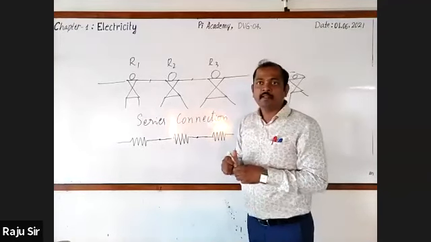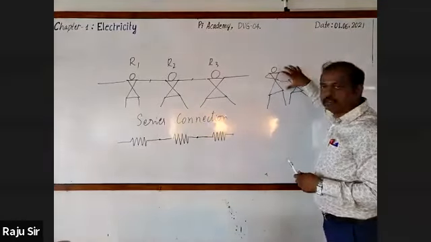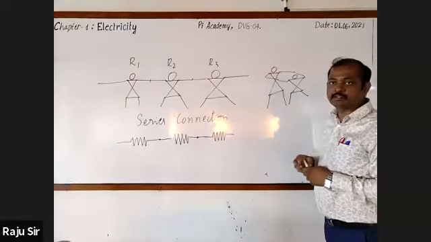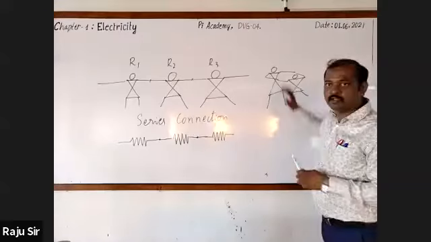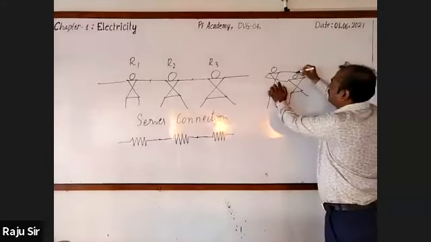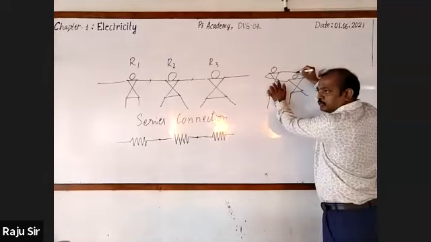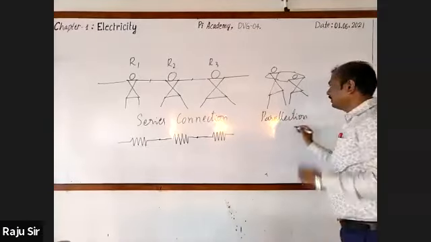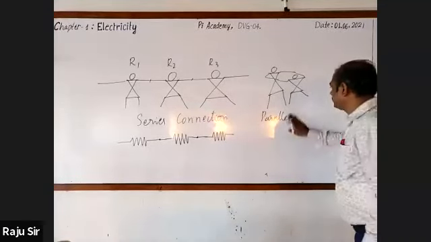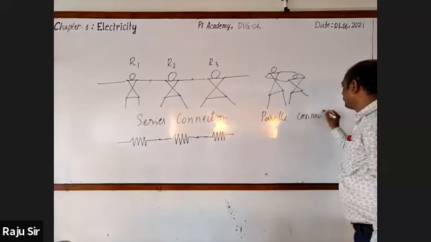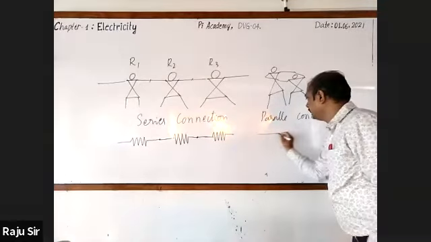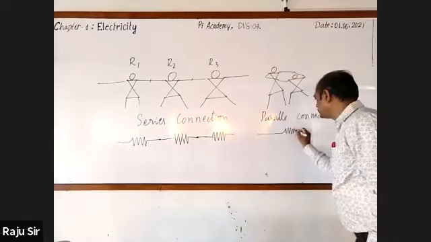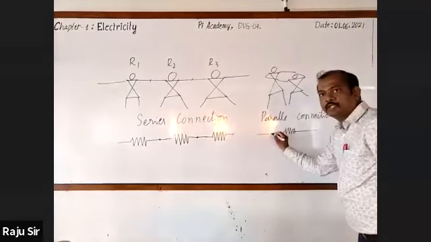Following? And we call this type of connection parallel connection. Got it? That means, see, both are holding at the same two points only. I'll show you with resistors. Parallel connection. Look, here is one resistor. I'll take two points.